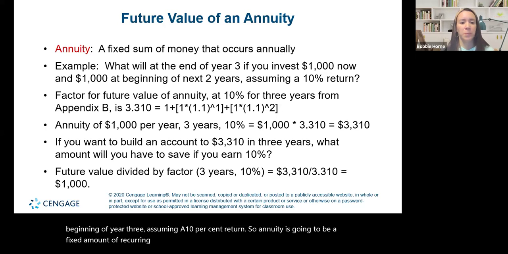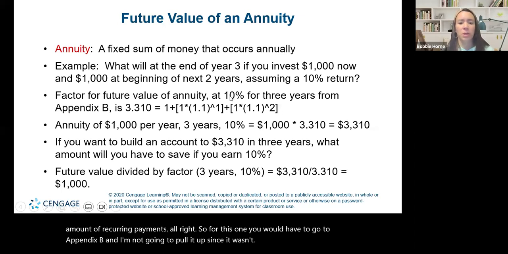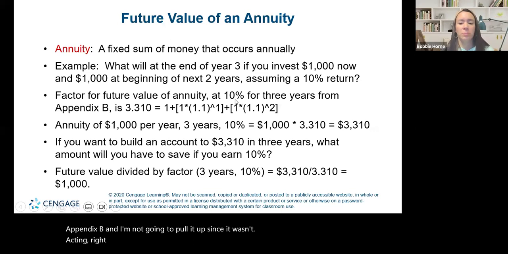All right. So for this one, you would have to go to Appendix B, and I'm not going to pull it up since it wasn't acting right, but you're going to go to 10% and your period is going to be 3 years. So make sure you go to the annuity table.